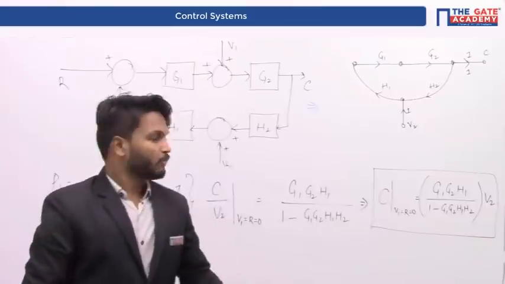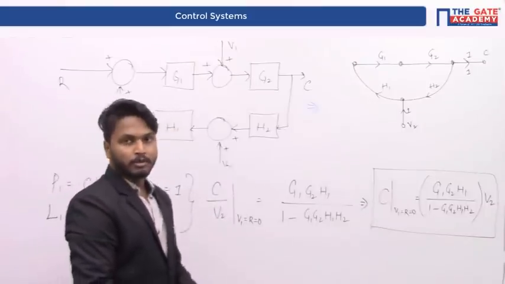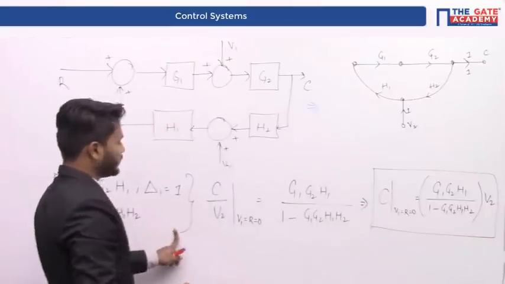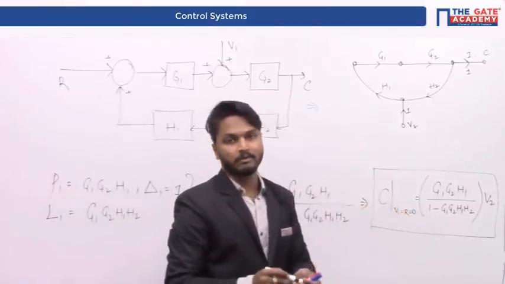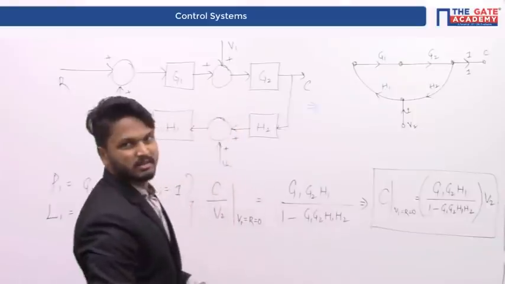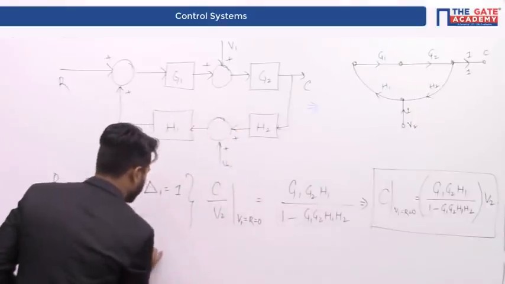So, how will you calculate the overall output? The overall output you can calculate by adding the components of output because of each and every input. It is the same as the previous case we have seen.